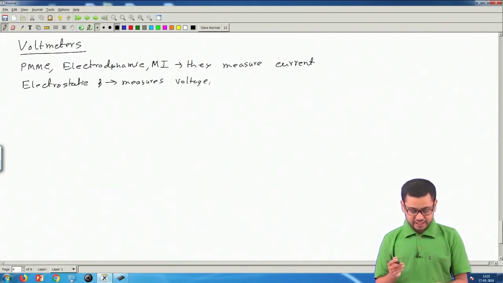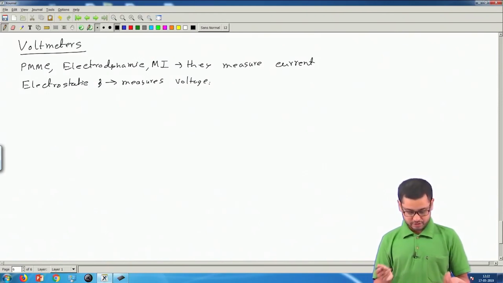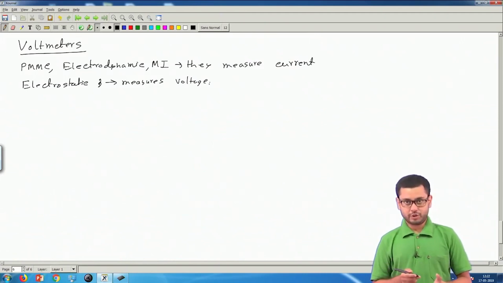And PMMC, electrodynamic, MI, these are the most common type of instruments which are used most frequently. But they are current sensitive instruments. But can we not measure voltage with them? Yes, we can, using Ohm's law. How?